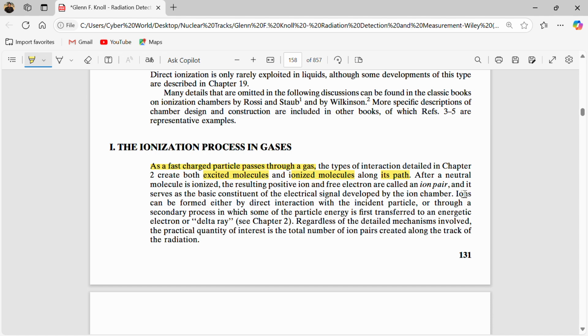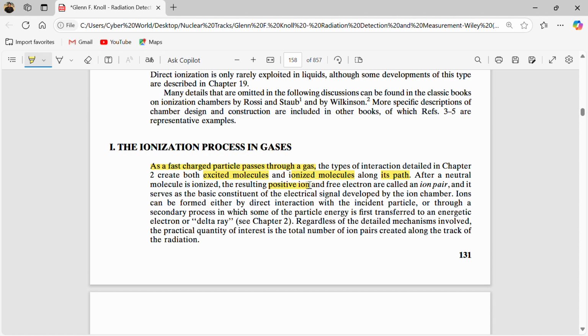After a neutral molecule is ionized, the resulting positive ions and free electrons are called ion pairs. Initially our gas is basically neutral, but when a charged particle comes, it ionizes the gas, and we get positive ions.